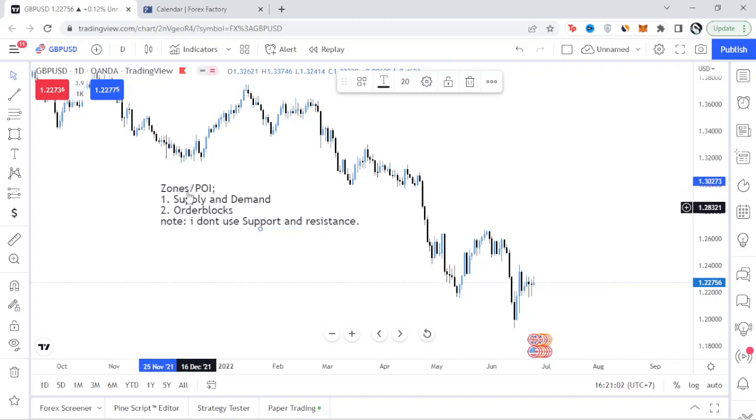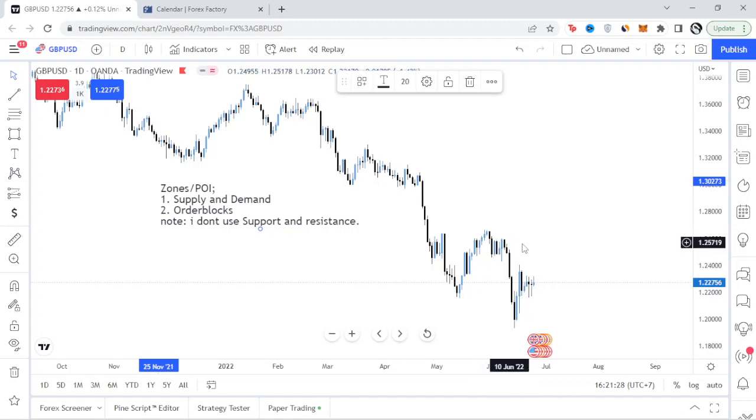two things that come to my mind if I'm trying to pick a point of interest to either trade from or trade to. Let me show you this. Okay, let me use this move. I might be expecting to trade off of this order block here, or you can call it a supply.